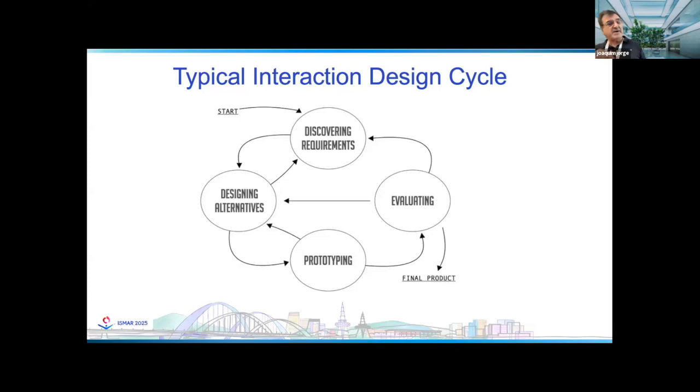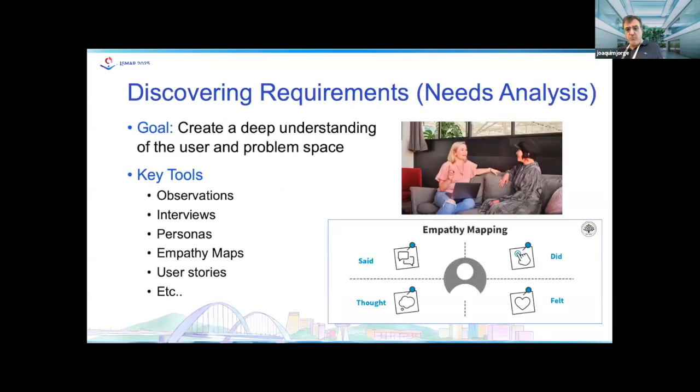And one important part here is evaluating what we have developed. And usually, I would say this iteration cycle takes as long as you wish or as long as the client is willing to pay for. So iterate, iterate, iterate.